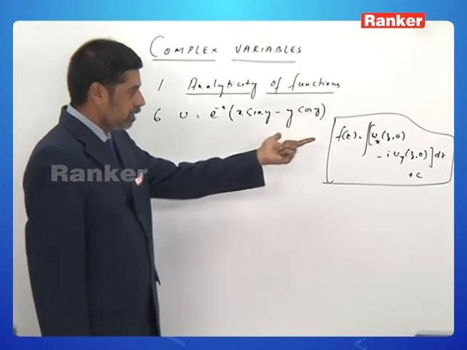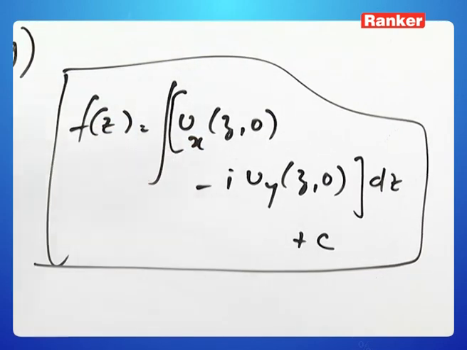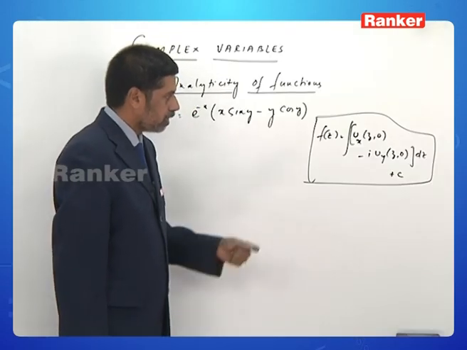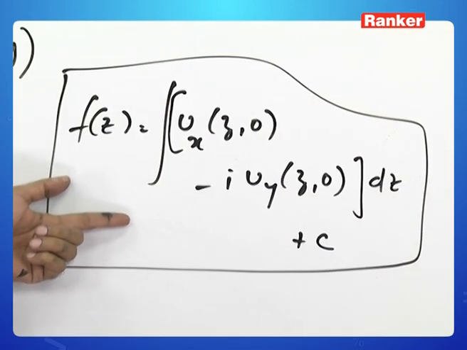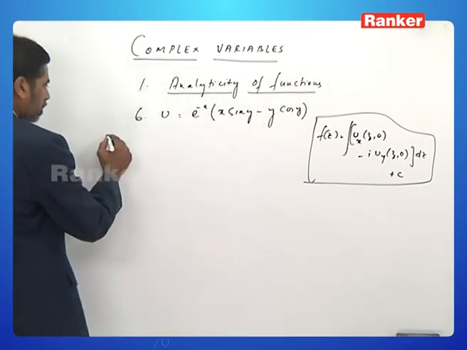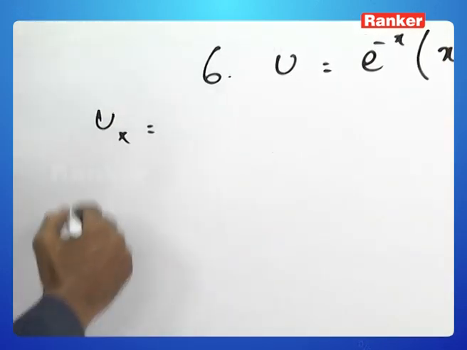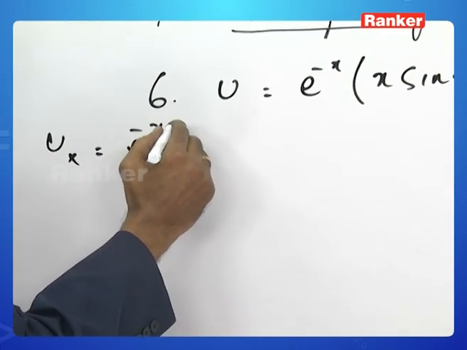So the procedure is there to be understood. Find ux and uy and evaluate both of them at z comma 0 and put it into the integral formula. So this is the Milne-Thomson formula to construct f of z given u. So let us see ux. You have to be careful because there is a product rule of differentiation.